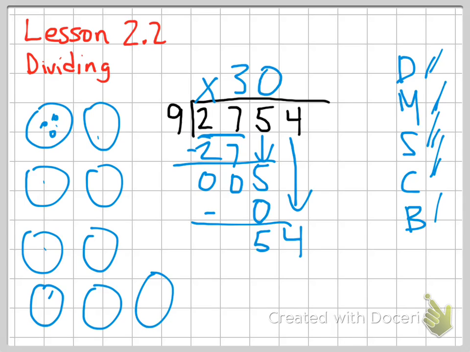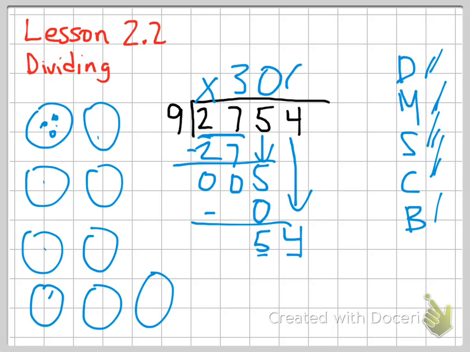I bring down this 4. This 5 turned into 5 tens plus these 4 ones, and I now have 54 ones blocks. If I have 54 ones and I have 9 groups, I have to figure out how many I can put in each group.